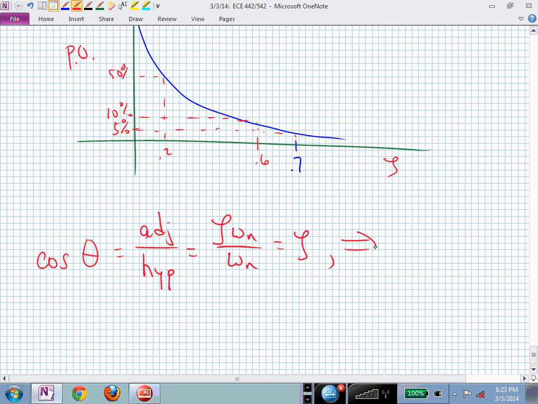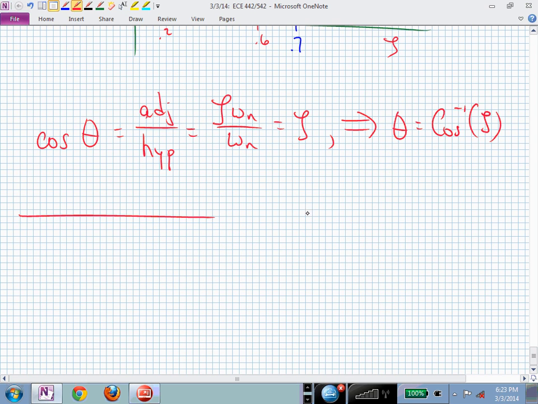So if somebody gave you a zeta value, you could now tell them what the angle theta needed to be, or this relationship between the real part and the imaginary part of your two complex poles.